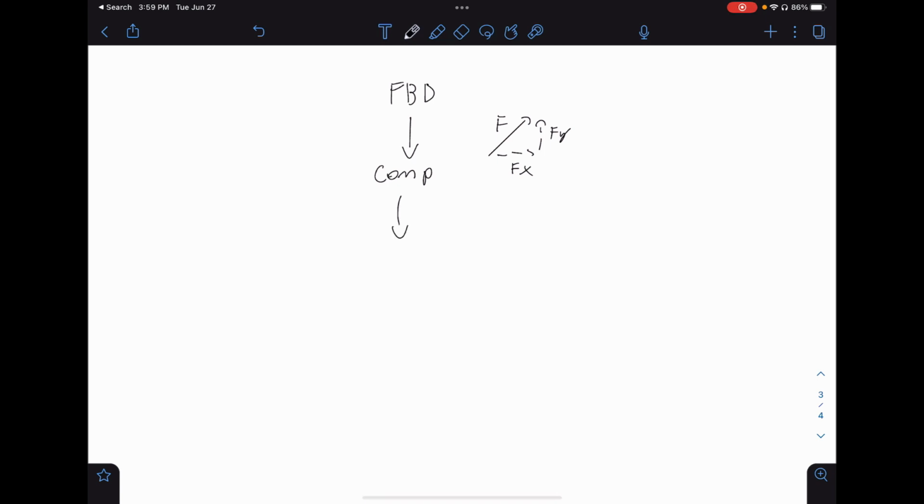Next, we use the equilibrium equations and set the sum of Fx equal to 0, and we set the sum of Fy equal to 0. Then we add up all of our x forces, and we add up all of our y forces, and then we solve for the respective variables.